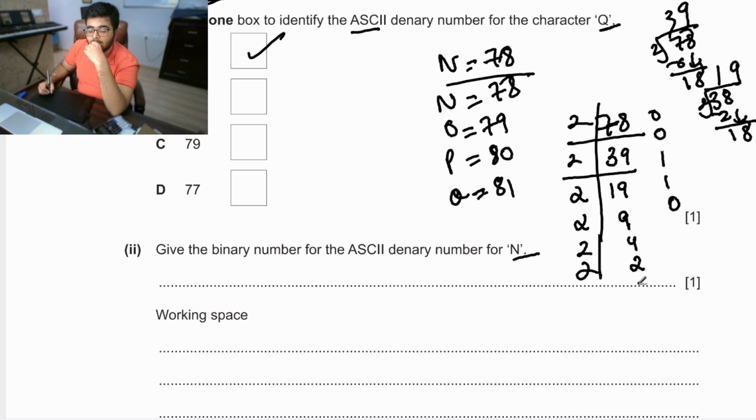And 2 1s are 2, remainder 0. So 1 0 0 1 1 1 0, right? Okay, I have made a mistake here.